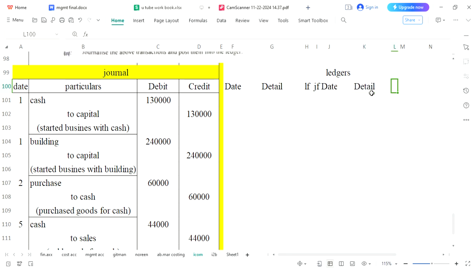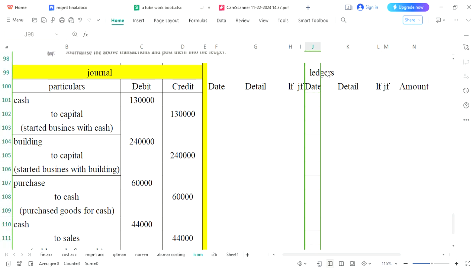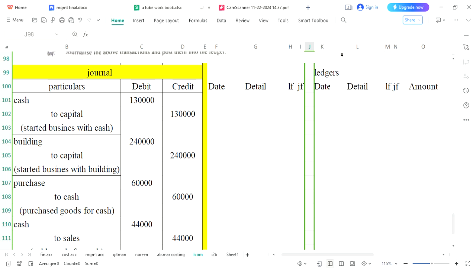Finally, again ledger folio and journal folio would be written, and last step is to write the amount in rupees. Okay, another column is needed over here, so let's put another column. This would be used for amount.